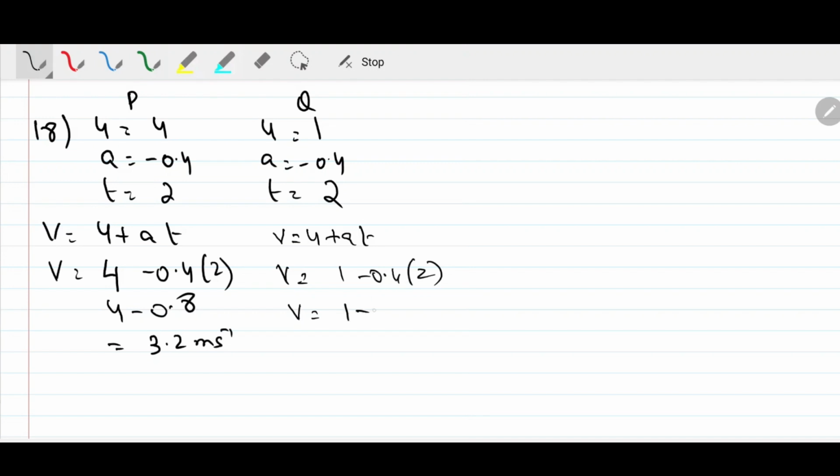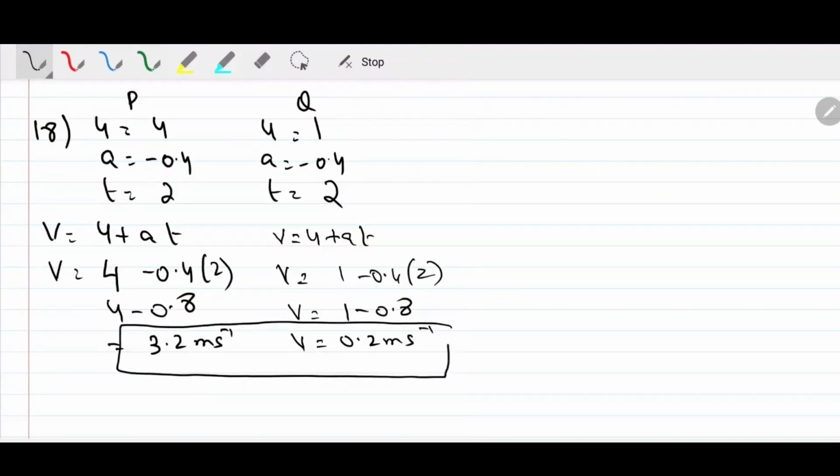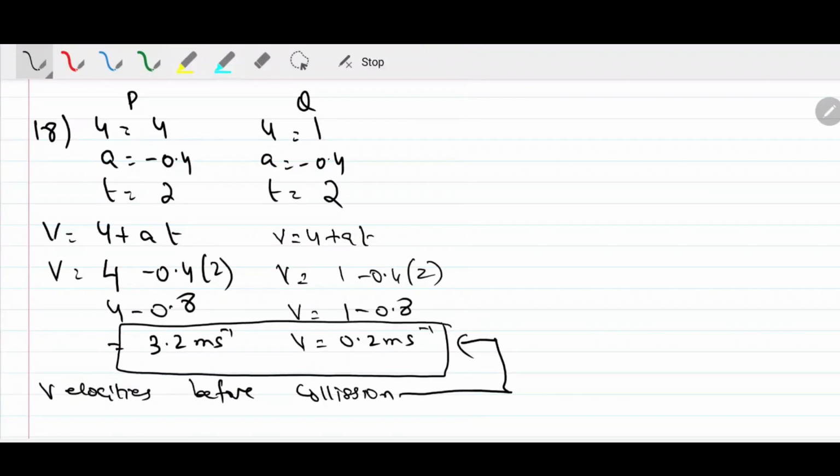So 1 minus 0.8, V is 0.2 meters per second. So these are the velocities before collision. I hope I am clear to all of you.